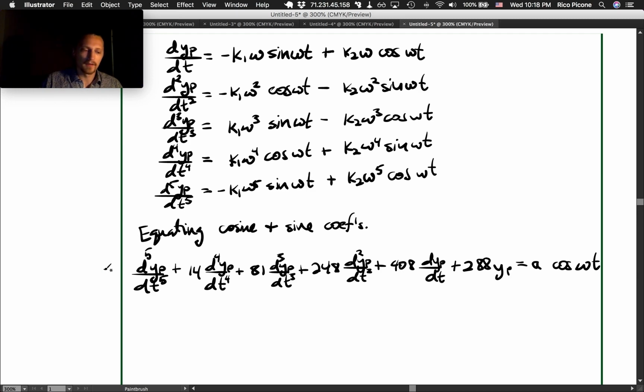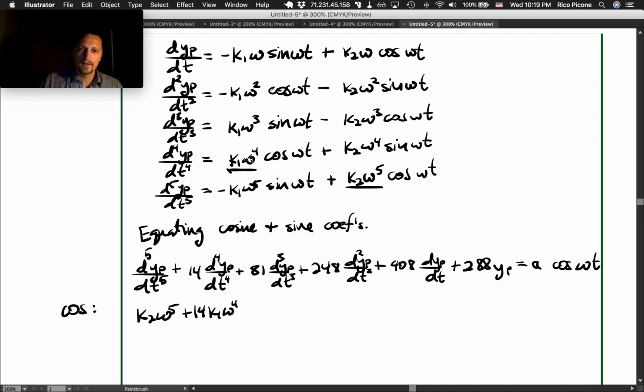We'll do cosine first. So we'll do the cosine coefficient. So that one, we pick this guy right here, right? K2 omega to the fifth. So K2 omega to the fifth plus 14. So then we go to the next one. We're going to do all cosines, right? So next cosine is K1 omega to the fourth. So K1 omega to the fourth.